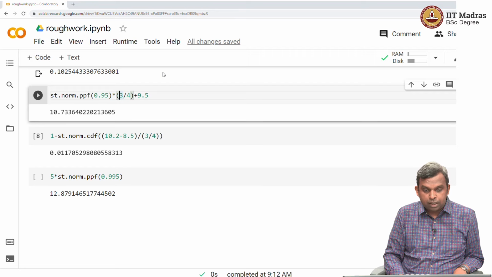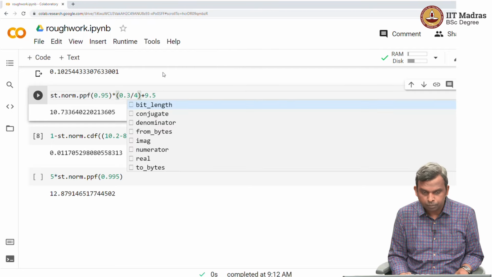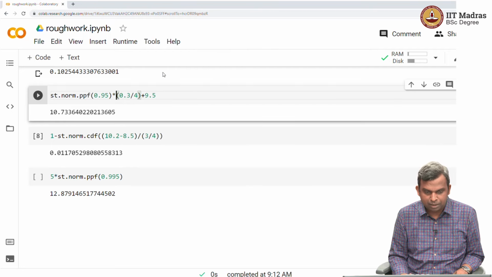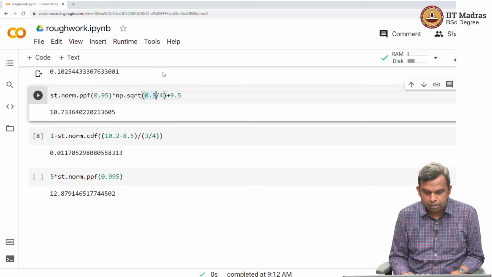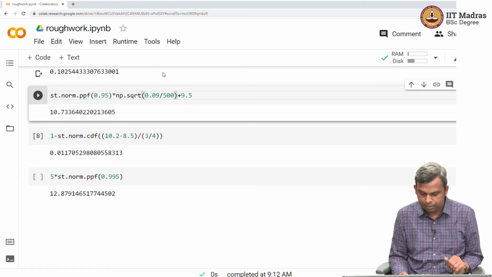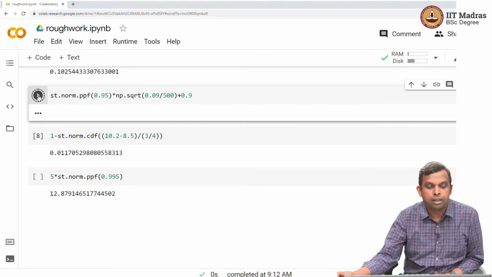So here we got 0.3. If you want, let me just write it as np.sqrt of 0.09 by 500, exact same thing as what we did, plus 0.9. So that's going to be my threshold, and that works out to 0.922.